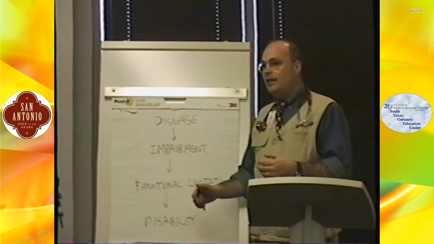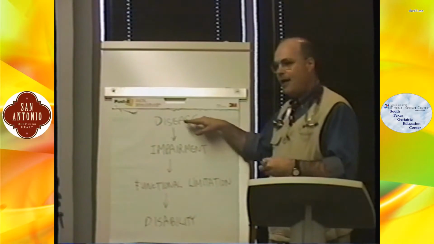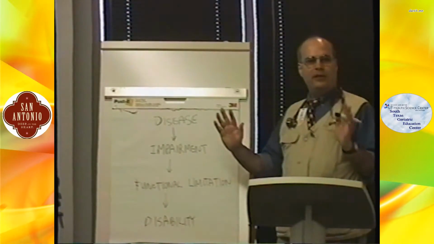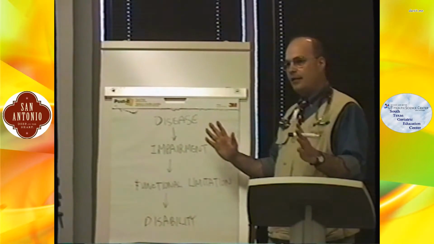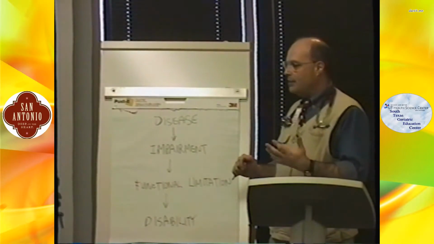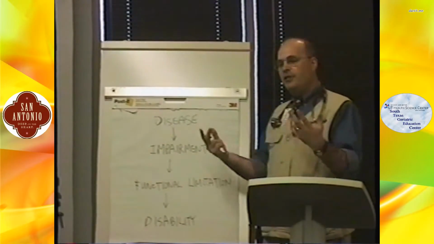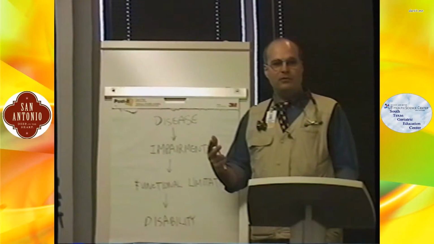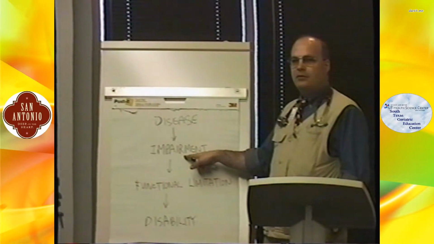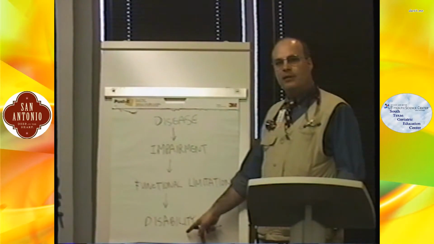Now, you can draw out this main disease disability pathway for any disease, illness, or condition that you want to think about. Okay? And if you take something like hypertension, and I used the example of the heart, but hypertension may also cause strokes or transient ischemic attacks, which would lead to different impairments and different functional limitations and different forms of disability.